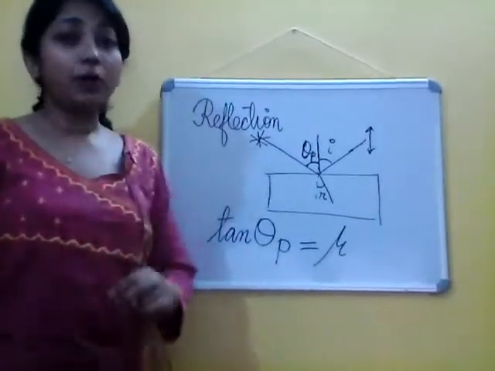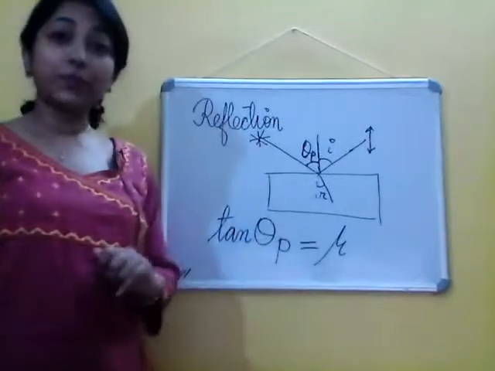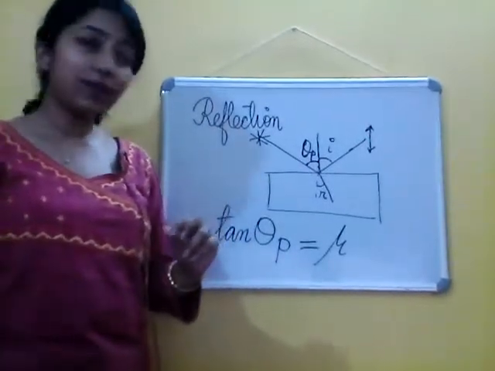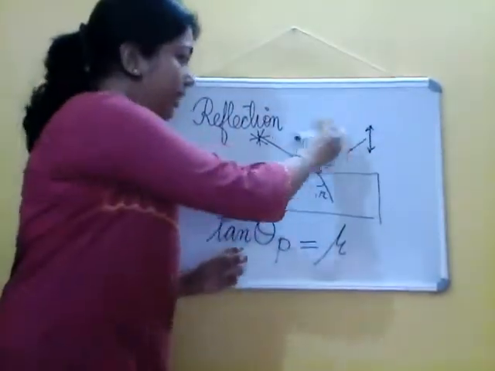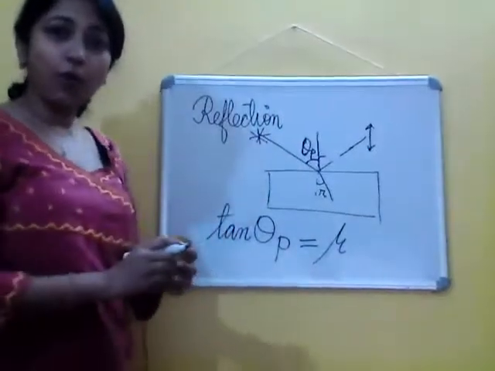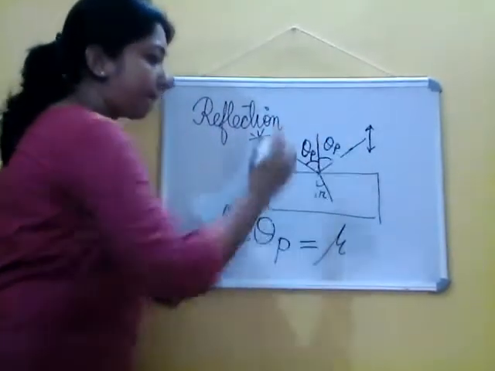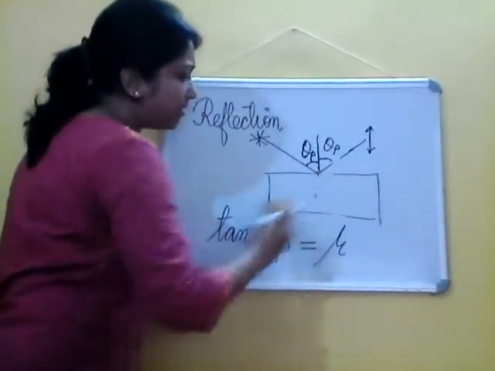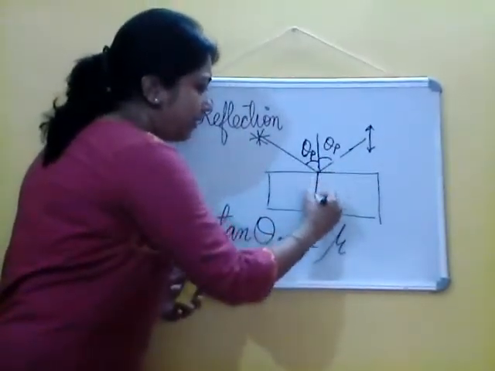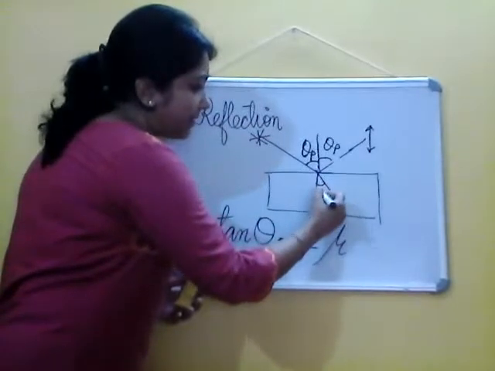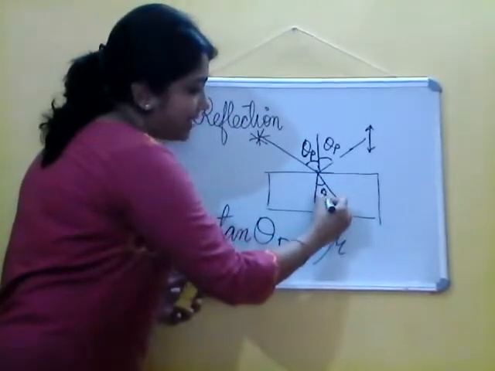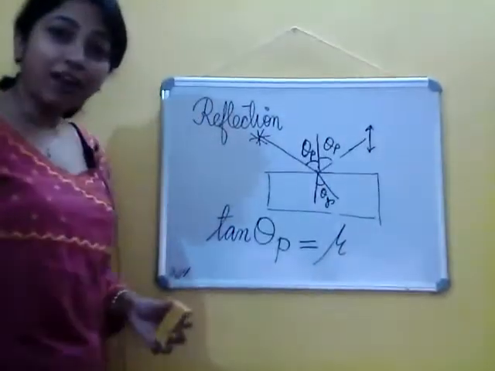There is a very important corollary attached to this as well. And what is that? Now let me show that to you. Say, if this is theta p, I hope all of you will agree with me that this is also theta p. And because we are using the notation theta, let us call this angle of refraction theta r. Alright.